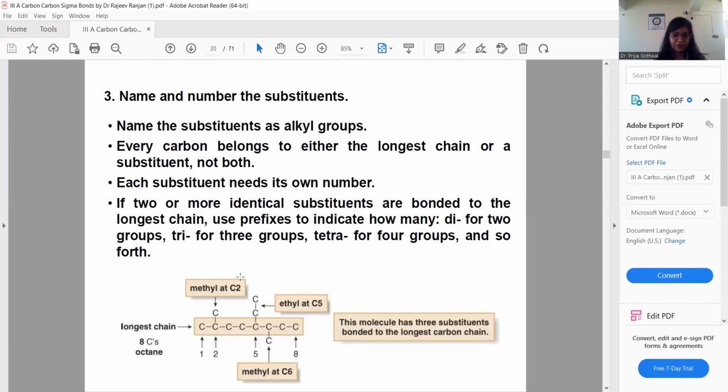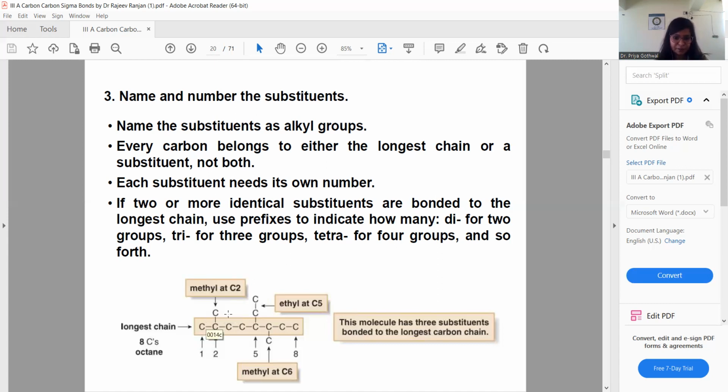In this example, first we choose the longest carbon chain according to the IUPAC nomenclature system. Here 1, 2, 3, 4, 5, 6, 7, and 8. We have an 8-carbon chain having two or more substituents present on the chain. Second, the substituents must have the lowest numbers on the chain.